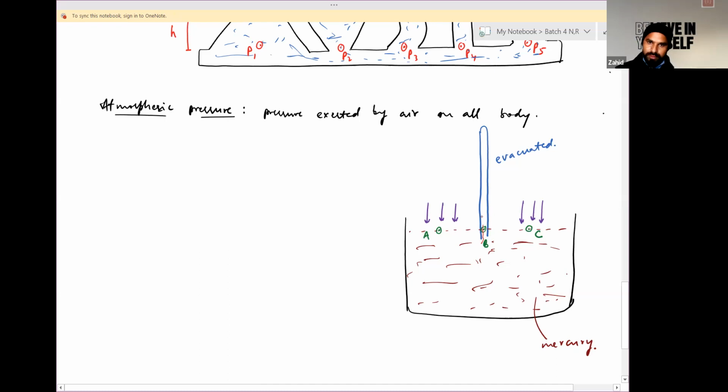So liquid or mercury will start rising in this particular tube to some height, so that the column of liquid raised in this capillary tube will generate as much pressure as the pressure at points A and C, so that all these points will be in equilibrium.